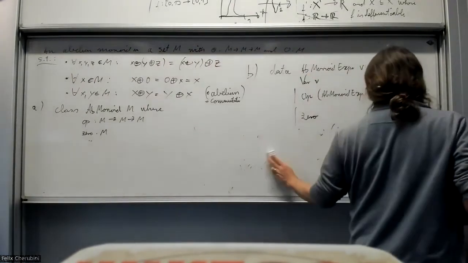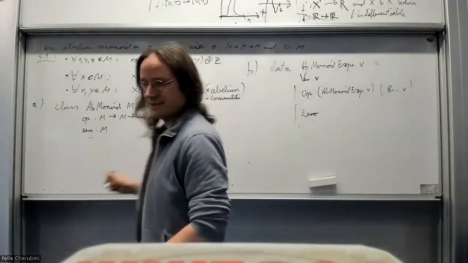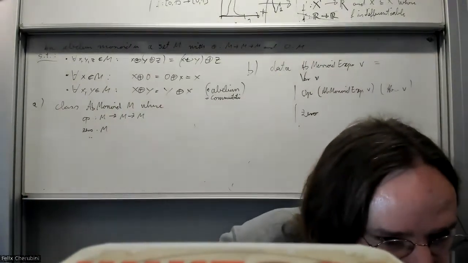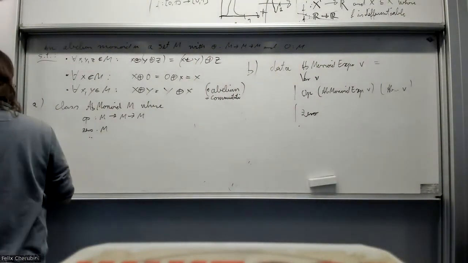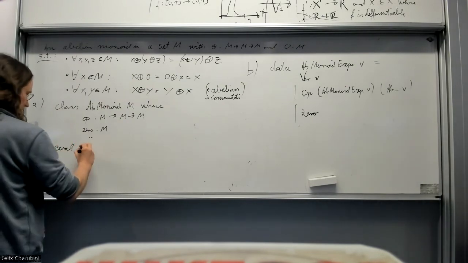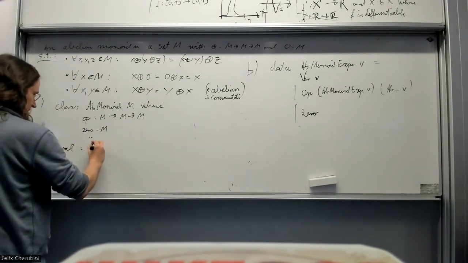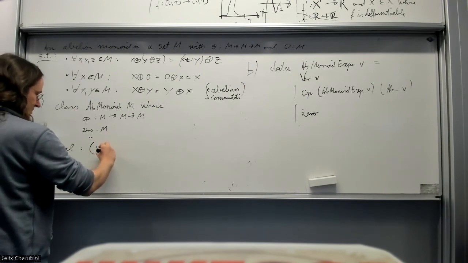I can just write this down. This was D. So this just asks for an eval function, which takes an environment, which is a map.